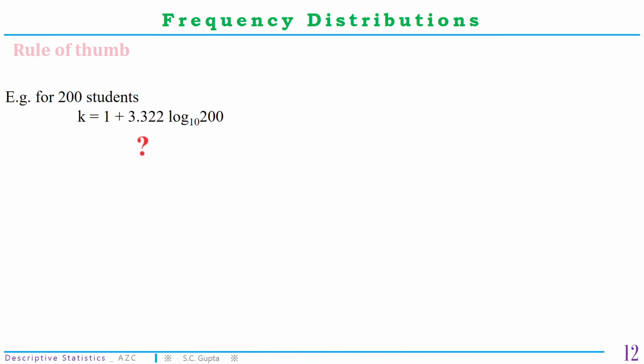Let us calculate the number of classes for a data set containing 200 students. K is equal to 1 plus 3.322 log of 200. On solving the equation, the answer you get is 8.644. So the number of classes generated is 9.